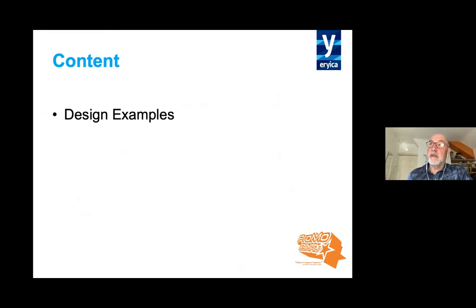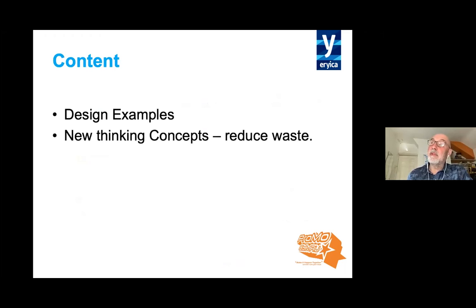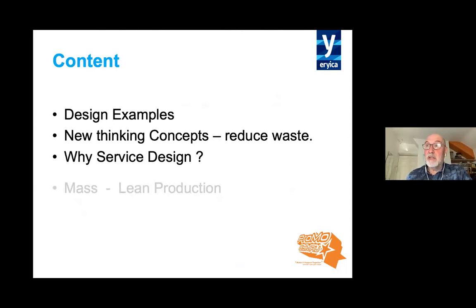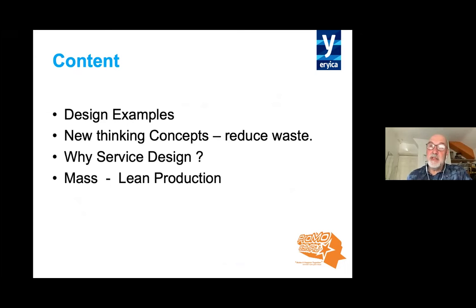So this is what I'm going to do: have a look at a few design examples, and then think in terms of new concepts and the reduction of waste, which is a key concept that flows from before this. Look at why service design links back to the change from mass production to lean production.